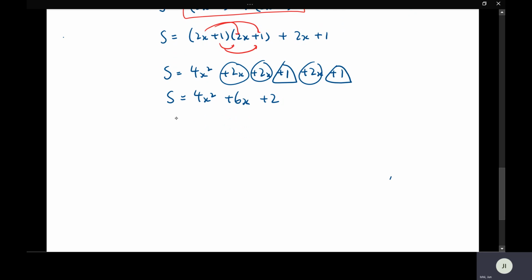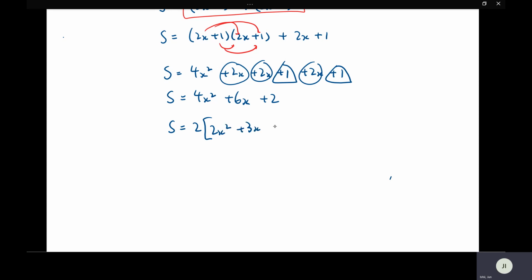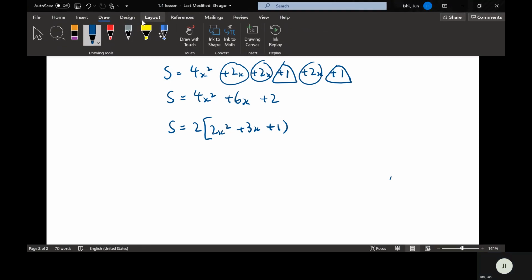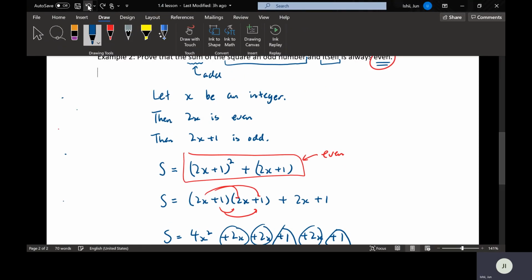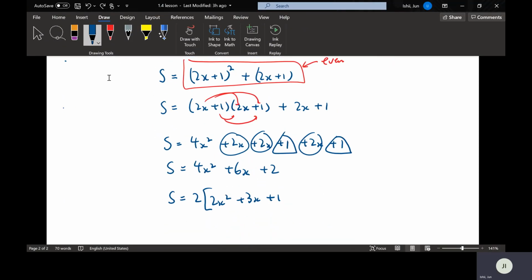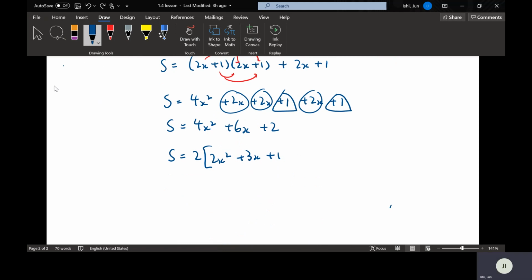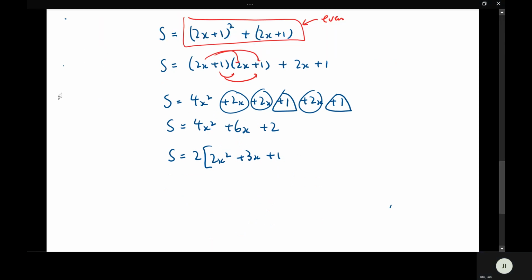Now, to show that it's even, what I'm going to do here is factor out a 2. So I'm left with 2 times (2x squared plus 3x plus 1). So that's a close bracket there.